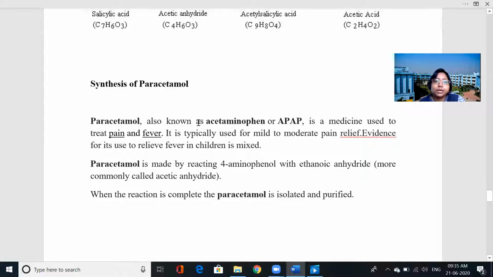So paracetamol, also known as acetaminophen or APAP, is a medicine used to treat pain and fever. It is typically used for mild to moderate pain relief. Evidence for its use to relieve fever in children is mixed.